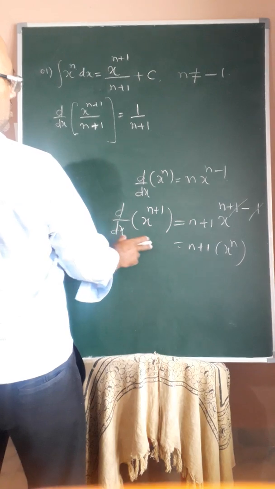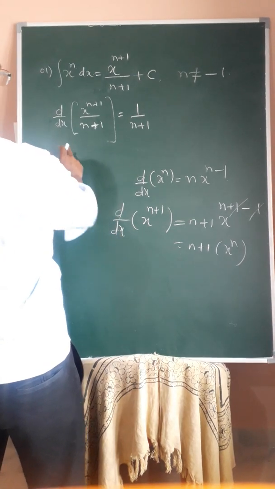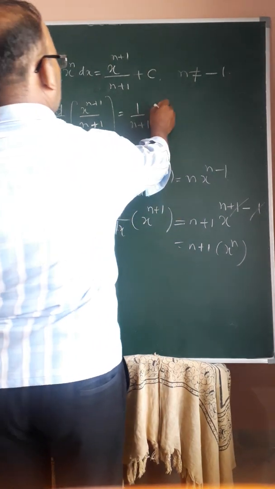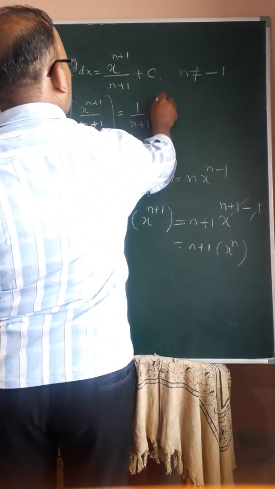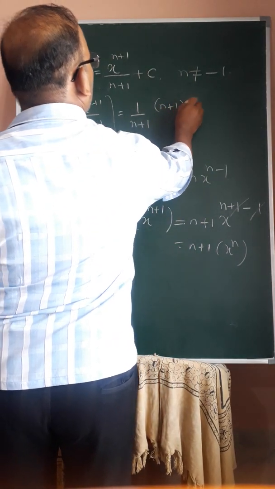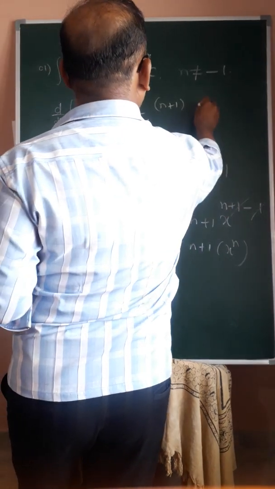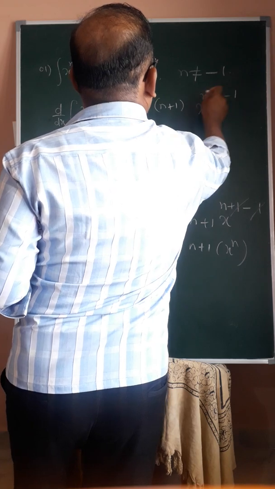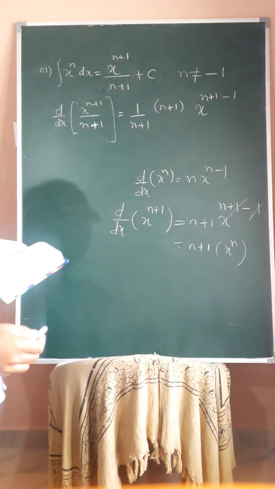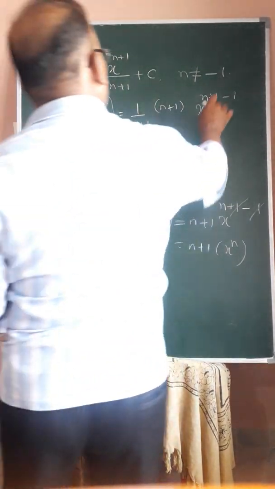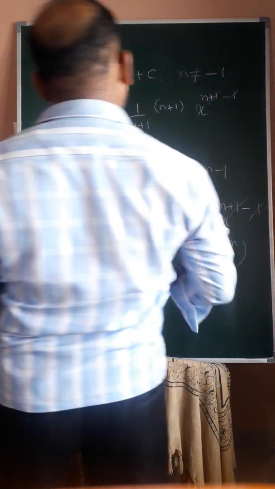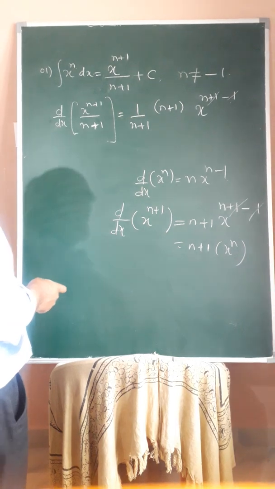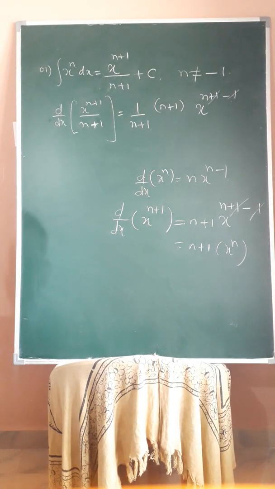So using this, 1 by n plus 1 into n plus 1 into x to the power of n. The n plus 1 terms cancel, and what do we get?